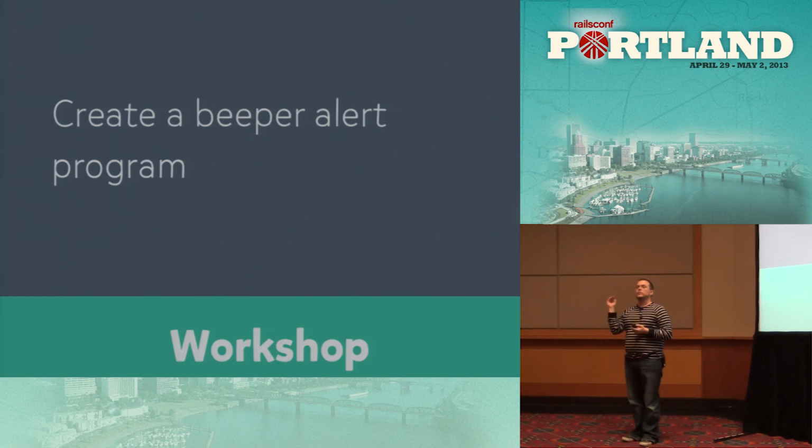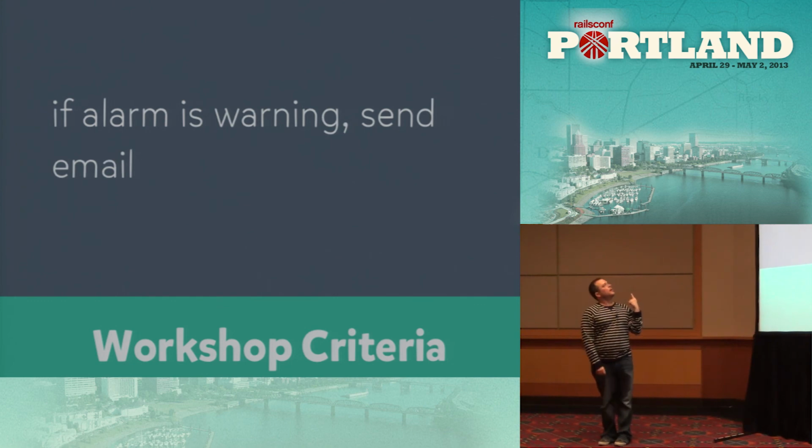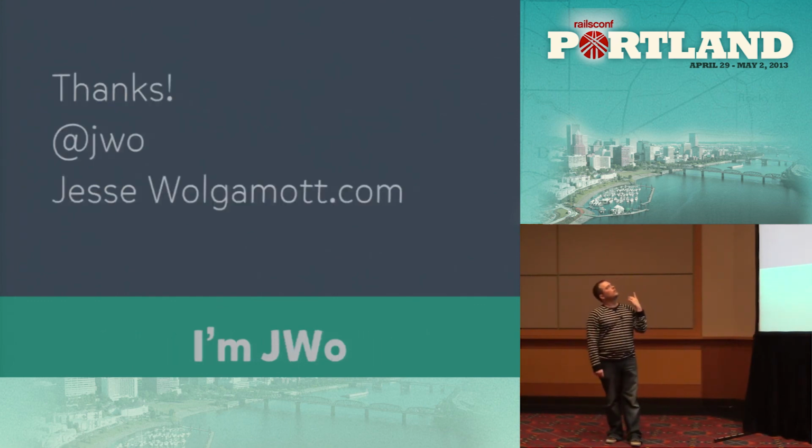We just need to add some notifications to that. So rather than just receiving an error, I actually want to send out an email, or text the person on call. So if it's critical, we're going to send text messages, and if it's a warning, we're going to send an email.